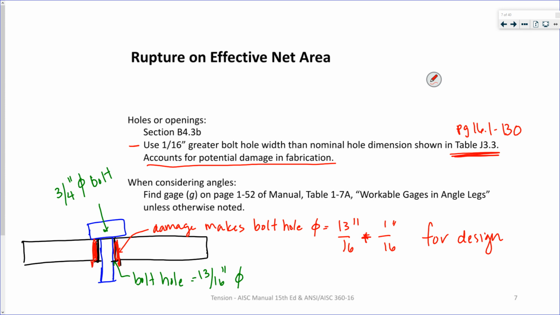That's what this is saying. So in reality, I would subtract from my width 13/16 plus another 16th, which would be 7/8.